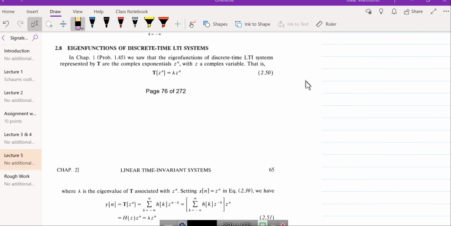Now, to discuss the eigenfunctions of a discrete time LTI system, we follow the same idea as we did with continuous time LTI systems, except that we are using a different complex exponential that was obtained in problem 145, which we have not done, but we will find some time to do.